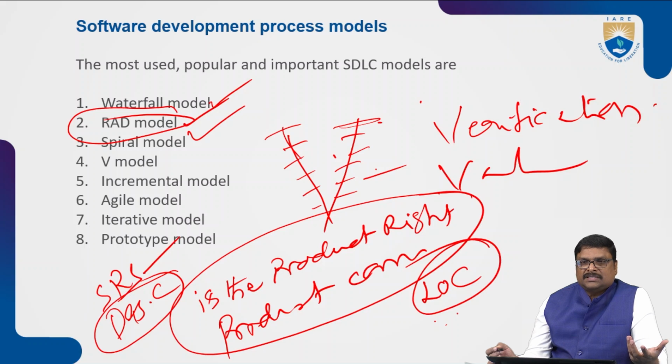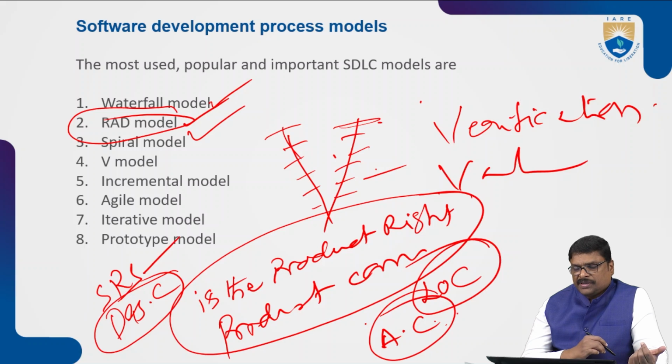Then testing. Testing is nothing but verifying the expected behavior of the system. The expected behavior of the system is already mentioned in the SRS document. The actual behavior we can take from the development outcome.